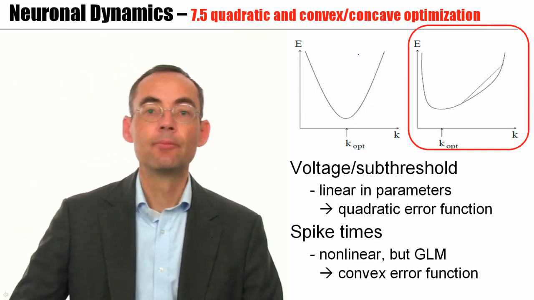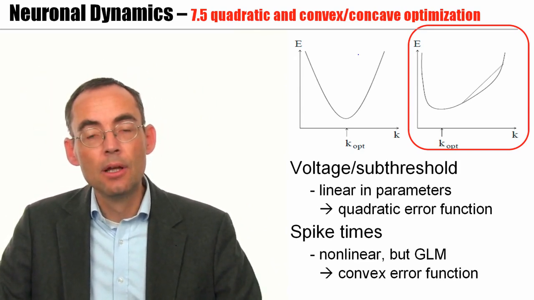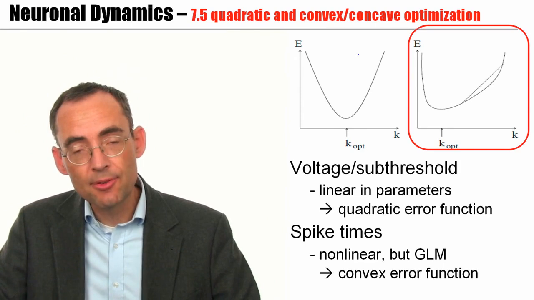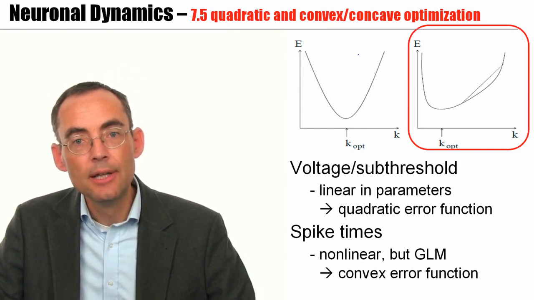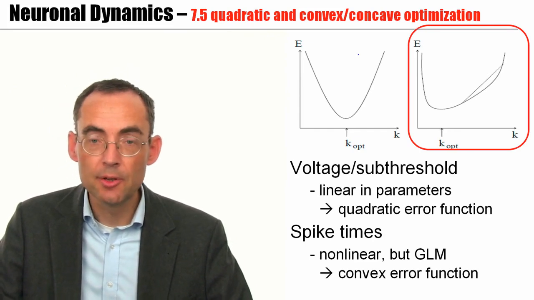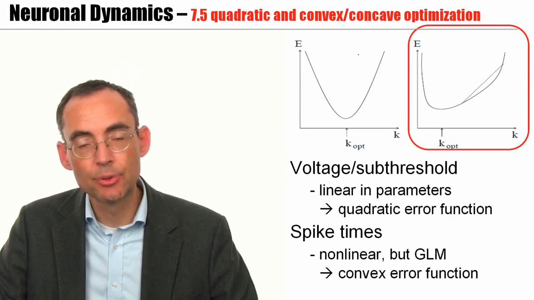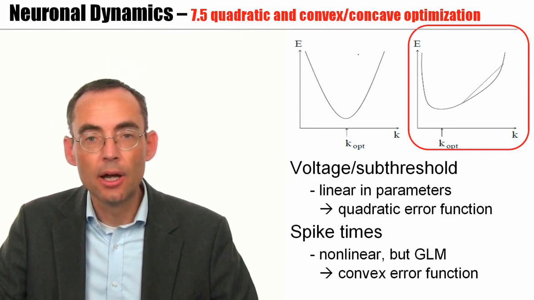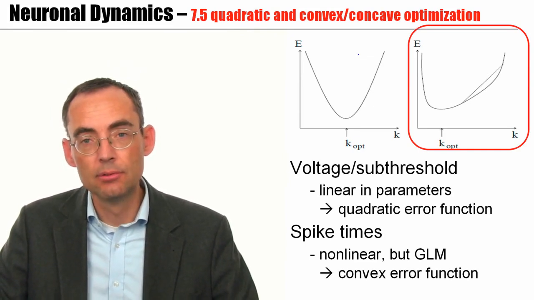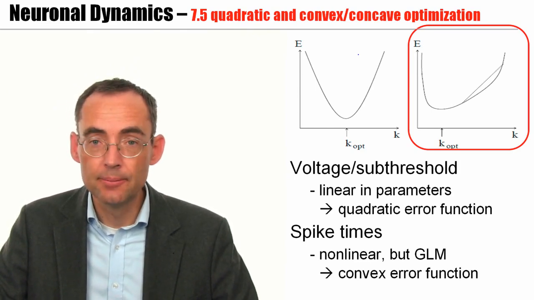Let me summarize. In the procedure I've discussed here, if you have access to the subthreshold membrane potential, then we can optimize parameters of the filters kappa, the membrane filter, and of eta, the spike after potential, using a quadratic error function. The problem is linear in the parameters and therefore easy.